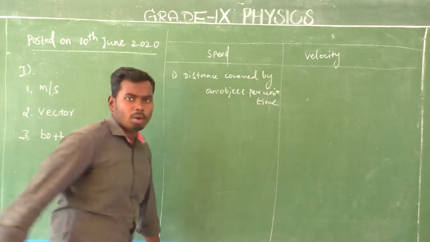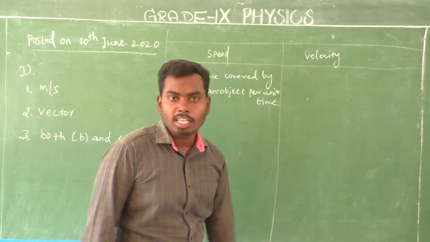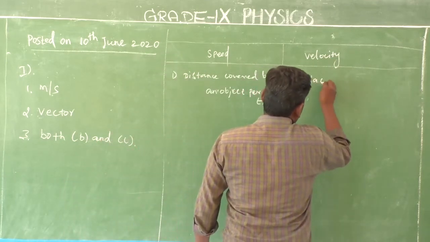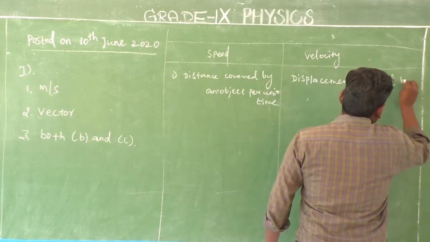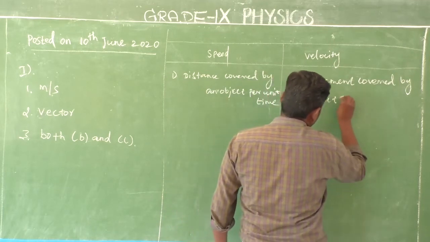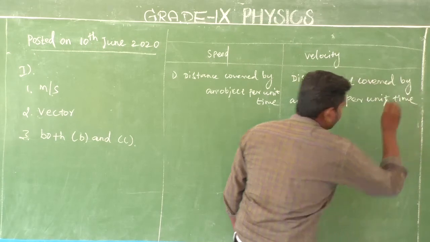The distance covered by an object per unit time, that is speed. But what is velocity? That is the displacement covered by an object per unit time.